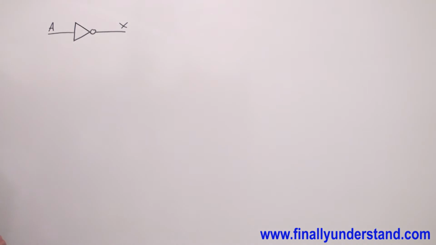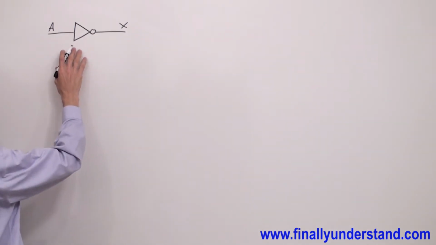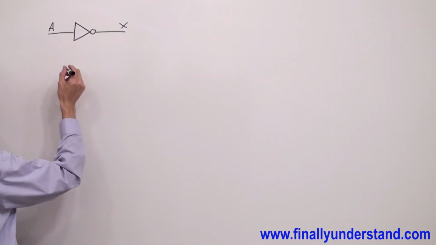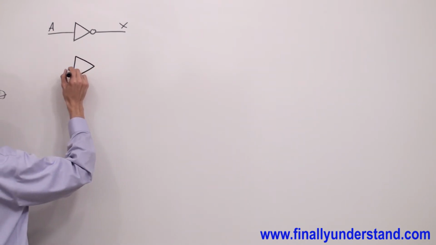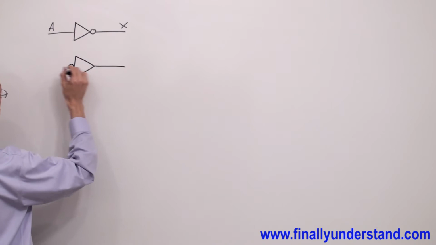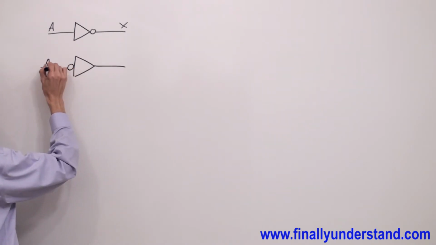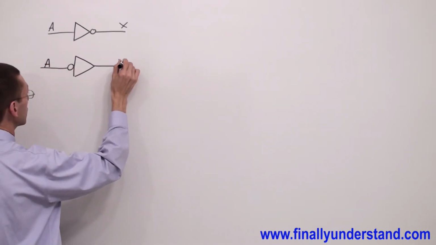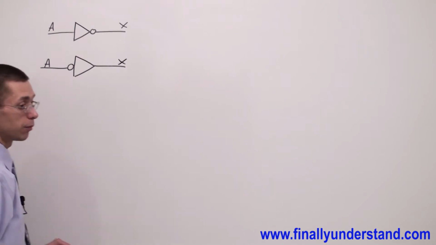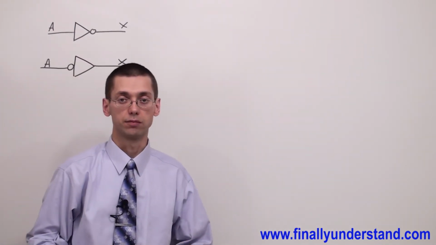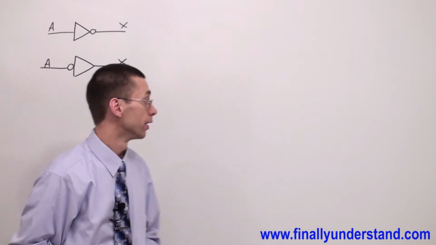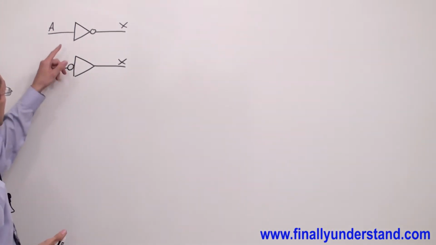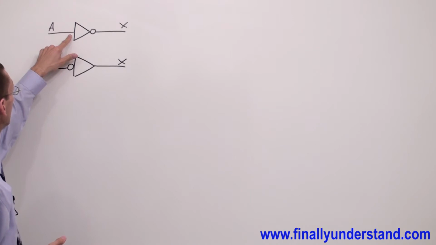So this is one way to draw the inverter, and we can also draw the inverter like this. And this is my input A, and this is my output X. Someone can ask, they look different, but what is the difference? You are supposed to just look at the input. We have no bubble.